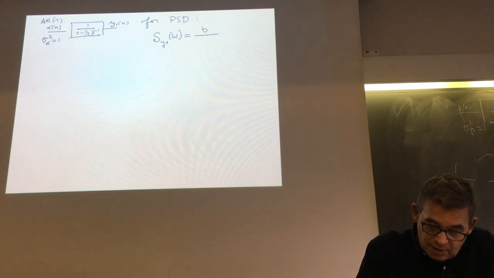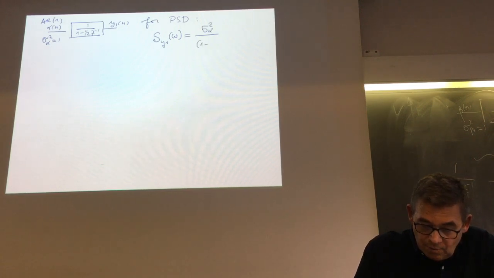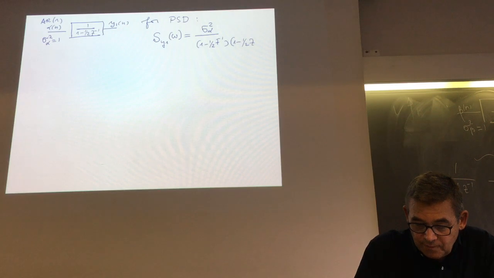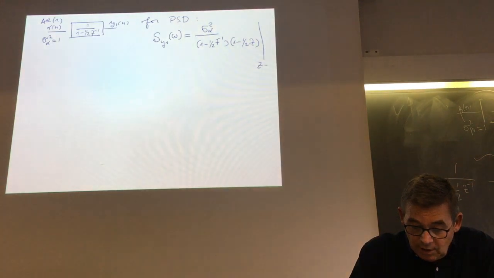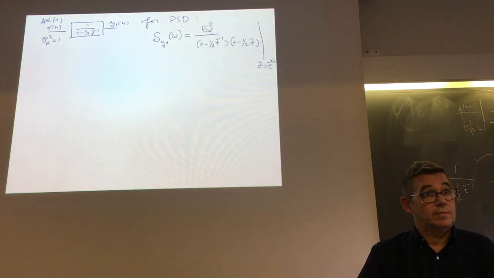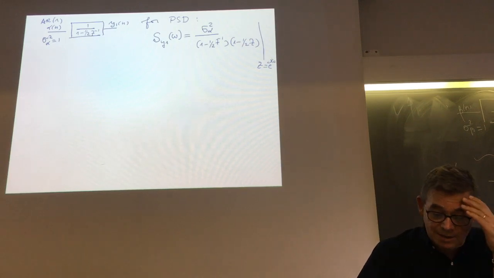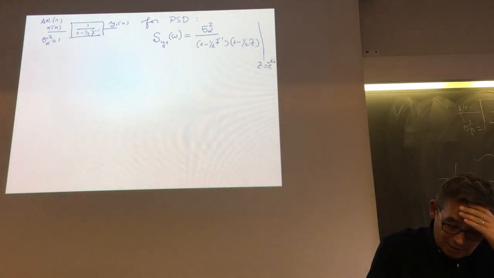Now it is sigma square alpha, then it is 1 minus 1 half z to the minus 1 times 1 minus 1 half z, calculated for z equal e to the j omega, okay, along a circle. So that means that I need to face where is the singularity.